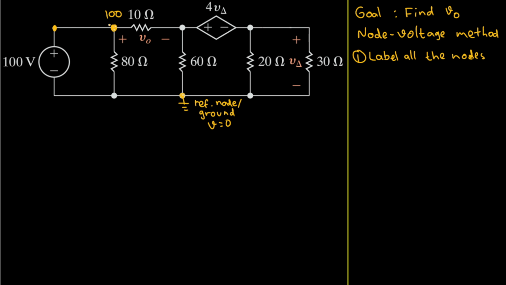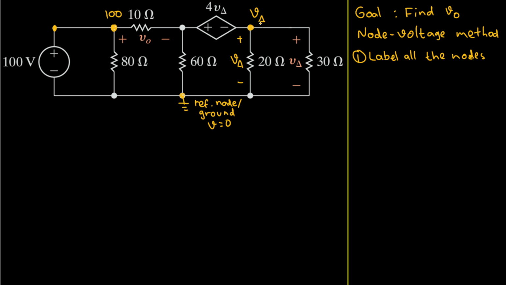Good. And what can we get from here? We have this one here is V delta, and that means that this one here, because that is in parallel, is also V delta. Good. But then in this node here, that is V delta from the ground. So I will have this node here as V delta.